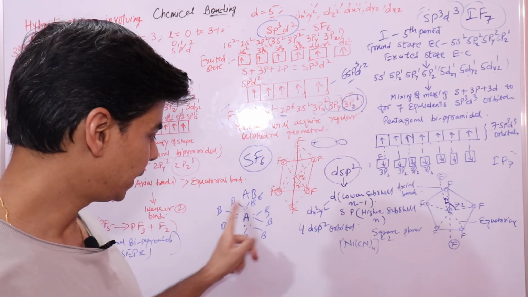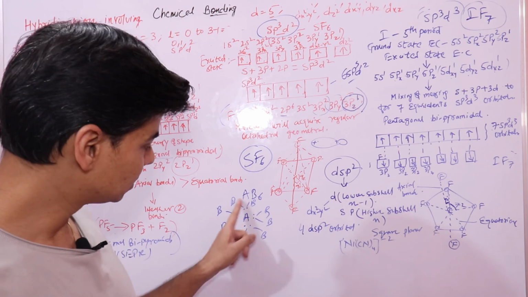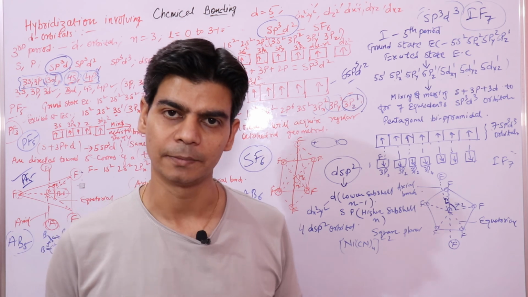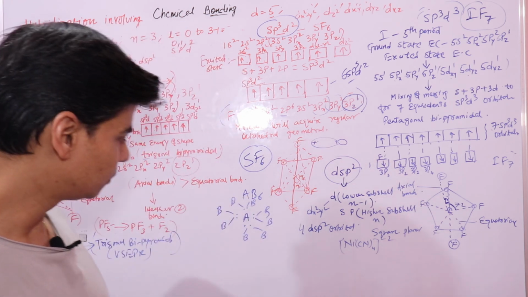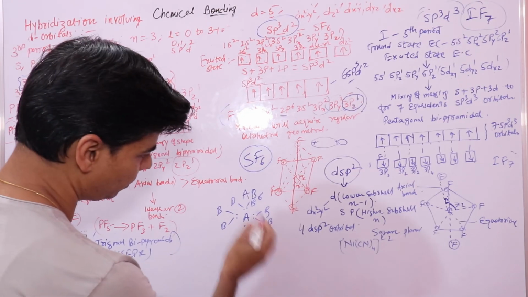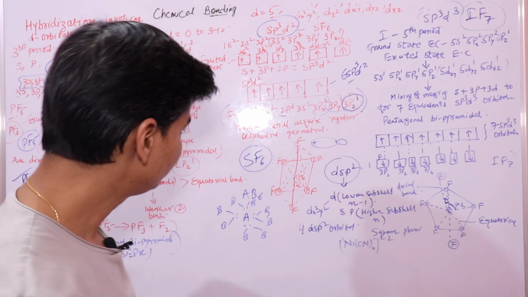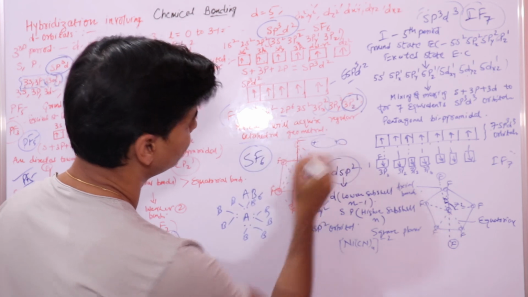So in order to acquire maximum stability, these bond pairs will move away from one another. Since it has 6 bond pairs, the geometry that it will acquire for stable configuration is octahedral geometry.